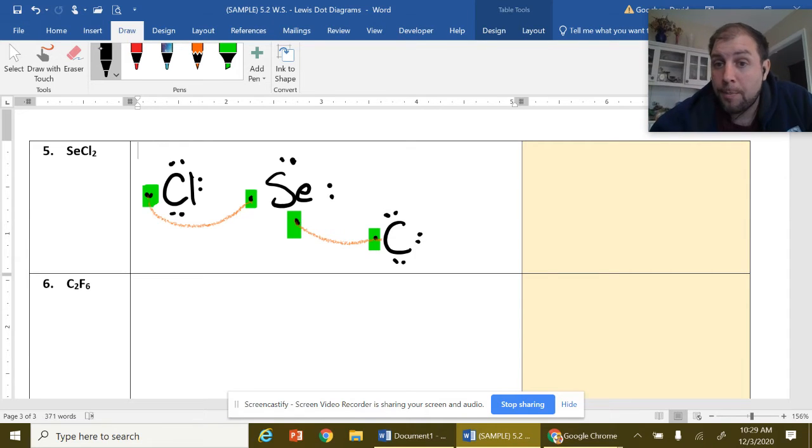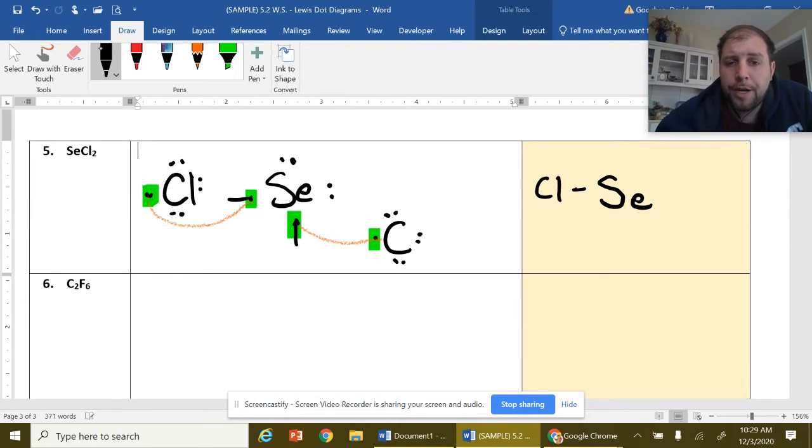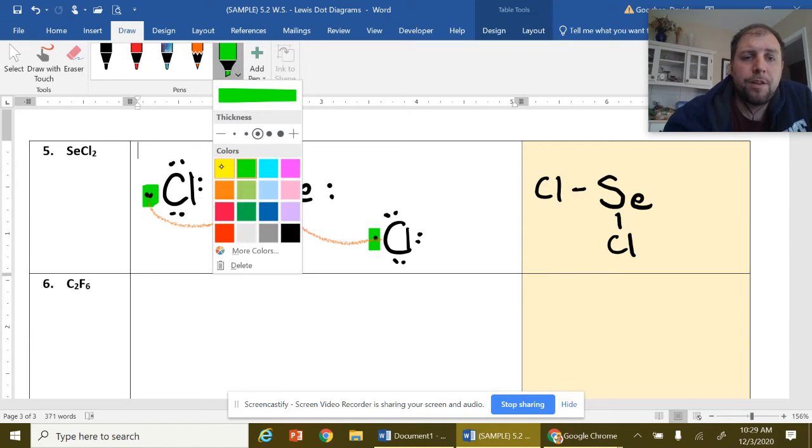So now I'm going to clean this up. Once again, I'm going to start with the central atom, the one that made the most bonds. It connected to a chlorine on the left, so I'm going to connect it to a chlorine on the left. It connected to a chlorine on the bottom, so I'm going to connect to a chlorine on the bottom. And then I'm going to remember to go back and fill in these dots.